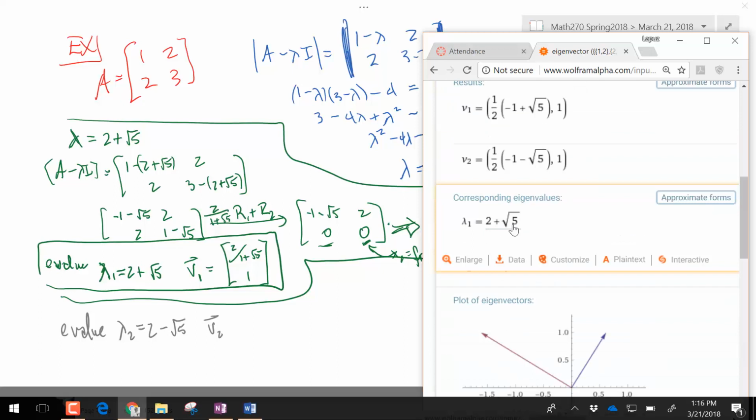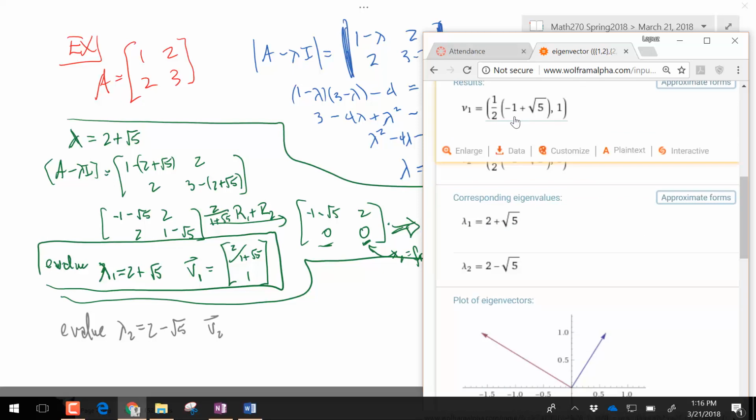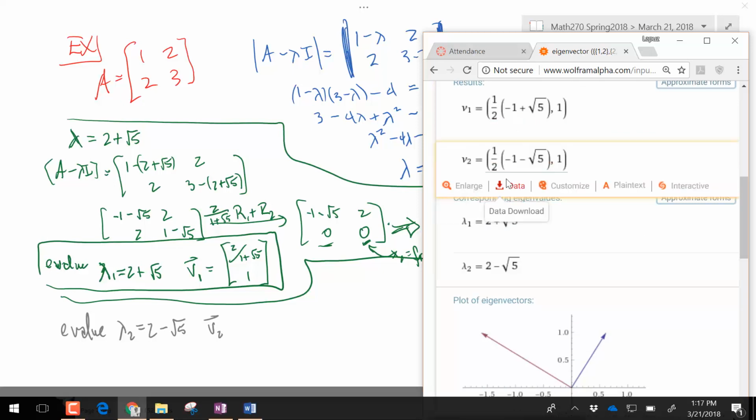So the eigenvector for the first one, lambda 1, has this. The second one has a negative. So it's close to this, except they're both negatives. Wait, this is a positive.